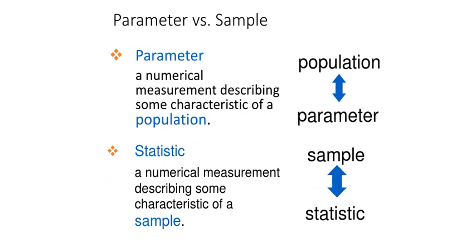If I'm interested in the heights of all United States males, I'm looking at the parameter height, because that height describes something about the population. If I find the mean height of 100 United States males, I have just found a statistic. That mean height of my sample is my statistic.